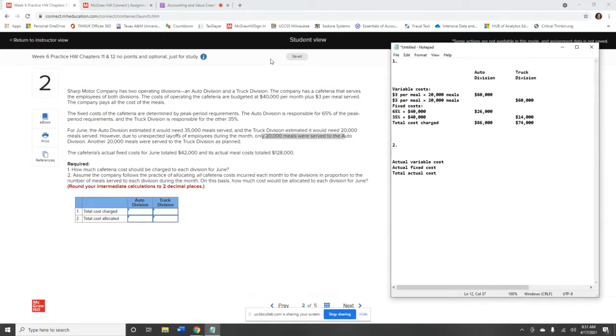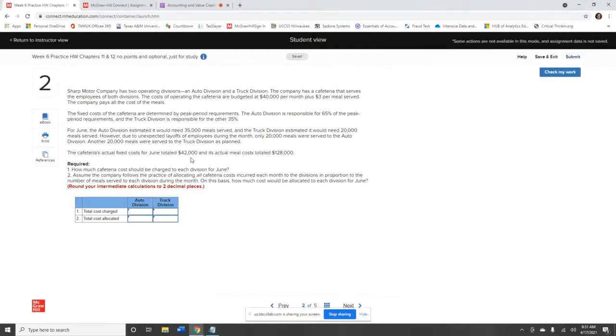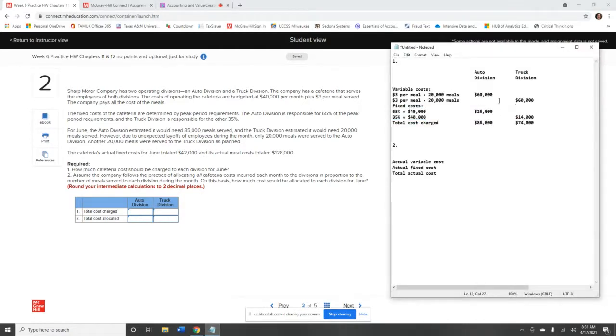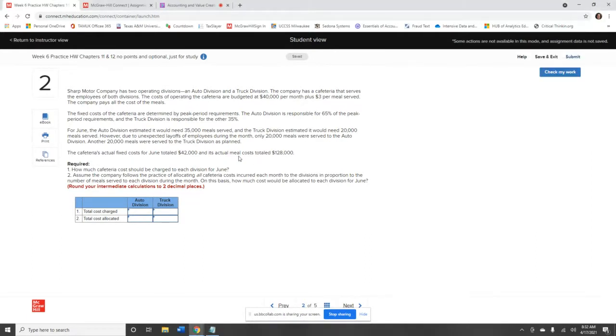Now, as we look at this and we compare it to actual stuff, right, we can see that we've only charged $40,000 for fixed costs when they were actually $42,000, right? And we can see that if you add up the variable, they add up to 120,000, but the meals cost 128,000.